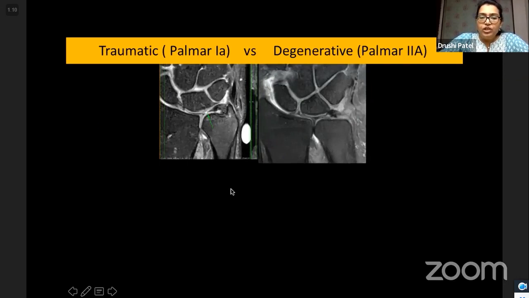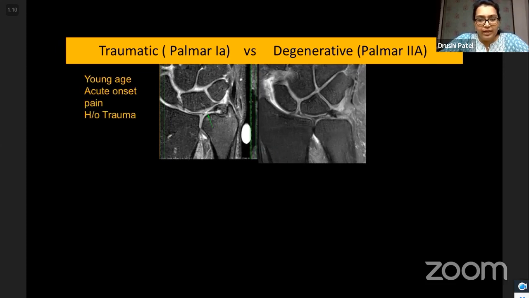Now, how do you differentiate a traumatic central perforation versus an incidentally identified, many times degenerative, central perforation? When there's a young patient, acute onset, history of trauma, it's more likely to be a traumatic Palmer 1A rather than a 2A.